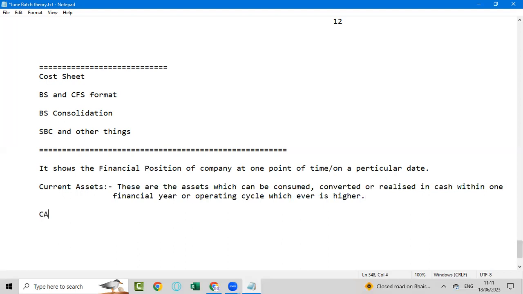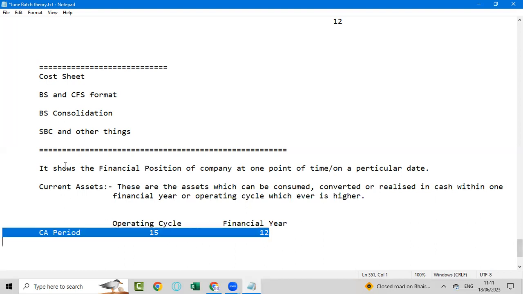So the current asset period depends on the operating cycle and the financial year. It would be 15 months if the operating cycle is 15 months and the financial year is of 12 months, whichever is higher.